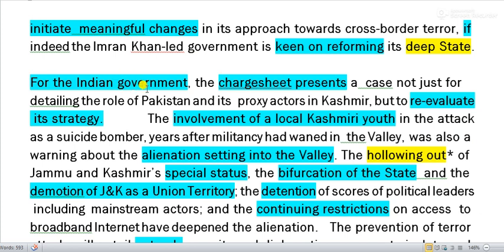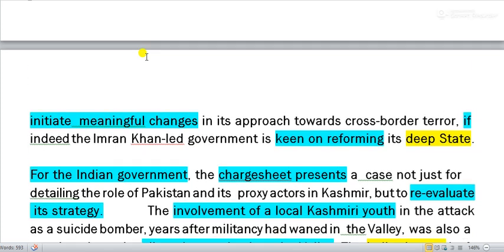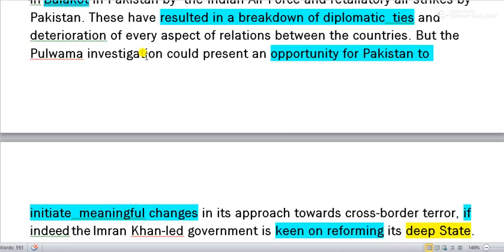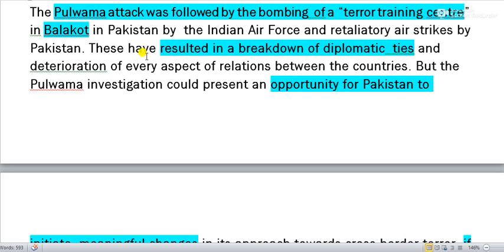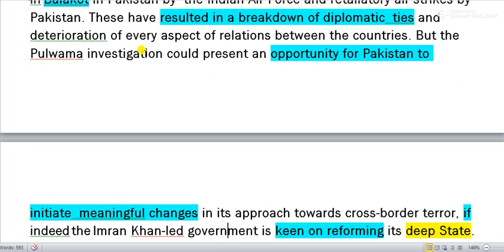For the Indian government, the first paragraph gives a host of details and the proofs that fix Pakistan and JEM as responsible for the Pulwama attack.